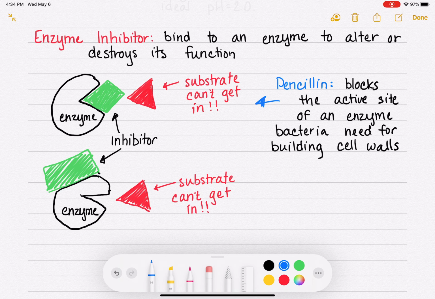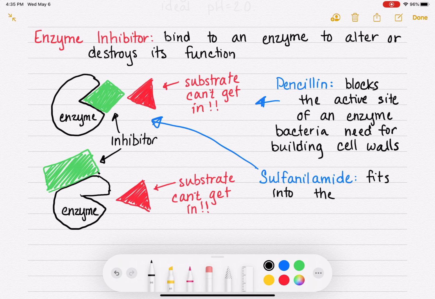Another antibiotic that you might not be familiar with is sulfanilamide. Sulfanilamide, similar. It also fits perfectly like this guy right here. Fits perfectly into the active site.